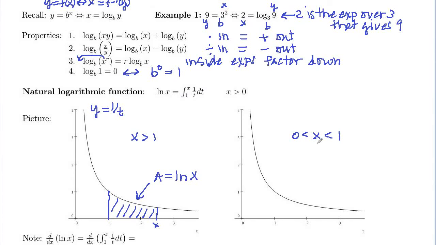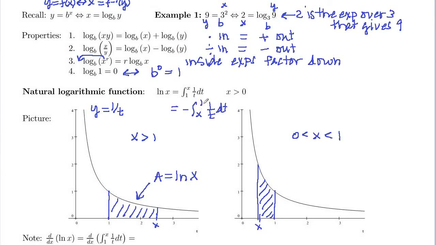Now what if your x is less than 1? So here's your 1. Here's an x value less than 1. And we find the area. In this case, the area is from x to 1 instead of 1 to x, because x is smaller than 1. So if we do 1 to x, that is the negative of the definite integral from x to 1 of 1 over t.